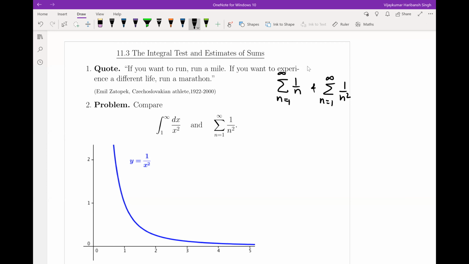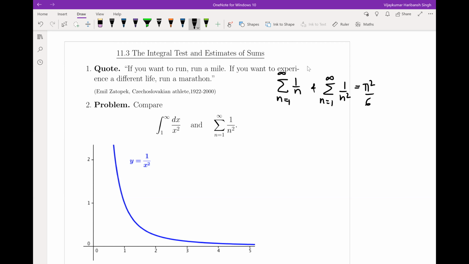It is slightly tricky, but this can be shown to be pi square by 6. So summation 1 by n square converges. It is quite an interesting result, although beyond our calculus discussion, but you can actually show that summation 1 by n square is pi square by 6.